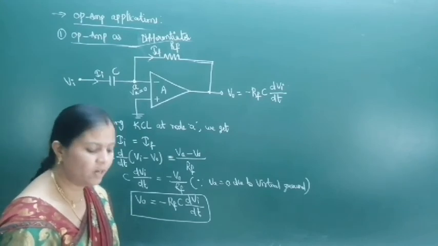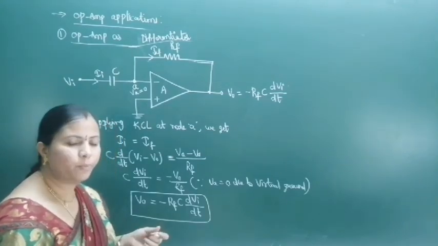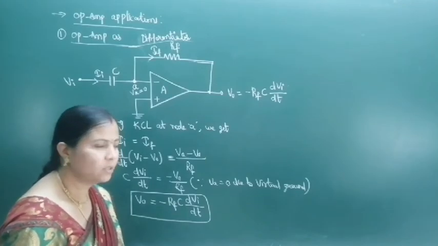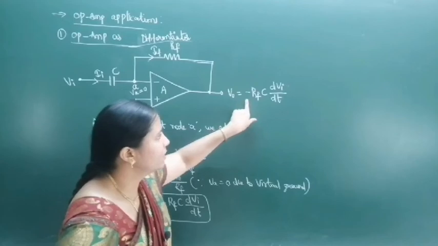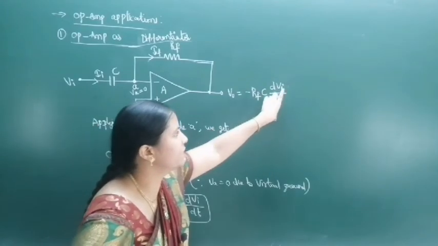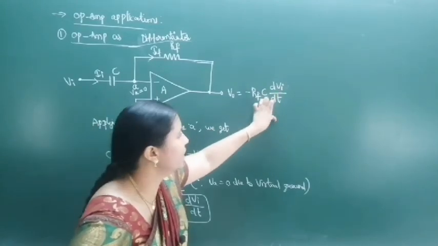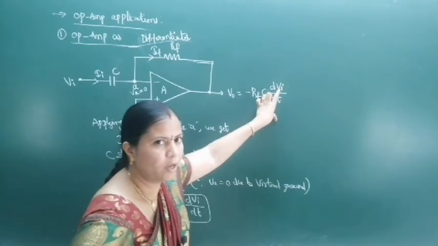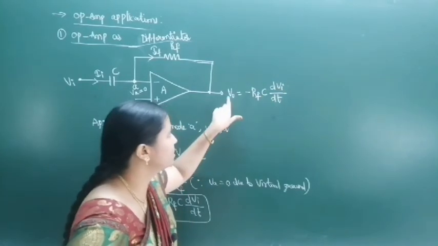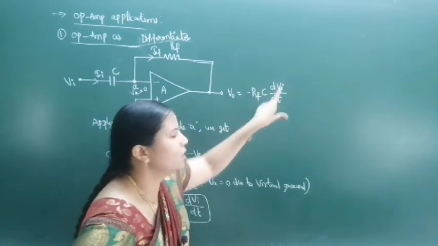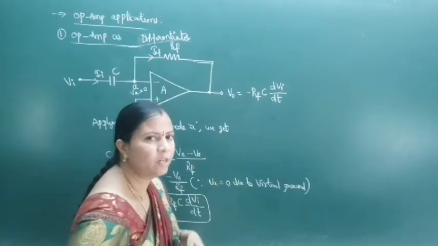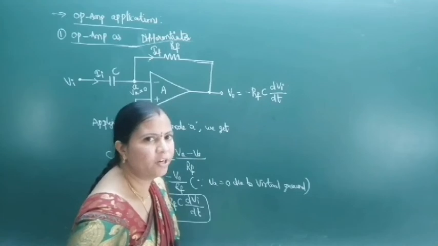In other words, a differentiator produces an output voltage that is equal to the differentiation, the rate of change, of the input signal. So it performs the operation of differentiation.